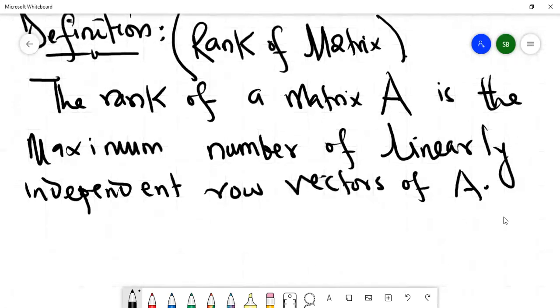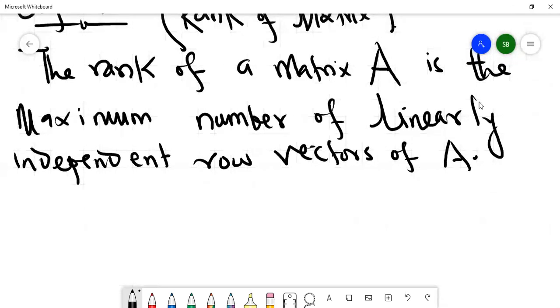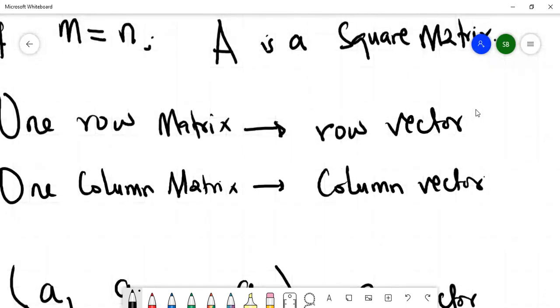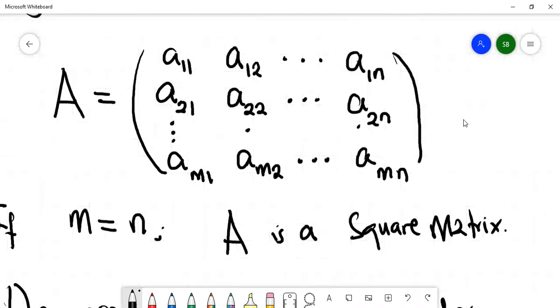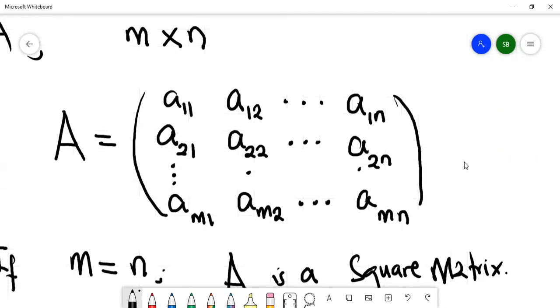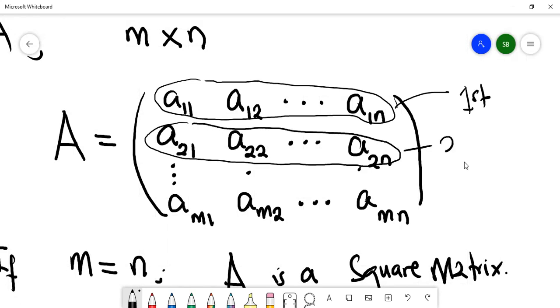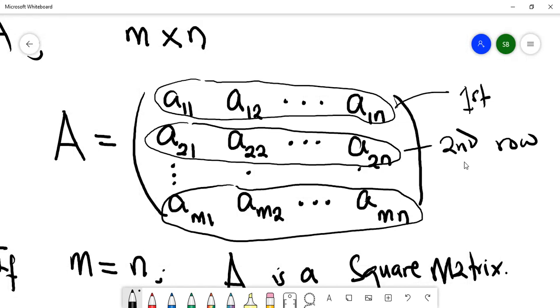Take for instance, let's go back to the n by n matrix we wrote earlier. You observe that there are entries in the first row. Entries here are entries in the second row. And you go on and on to entries in the nth row.